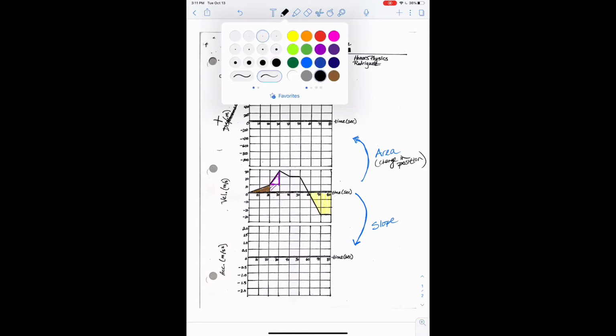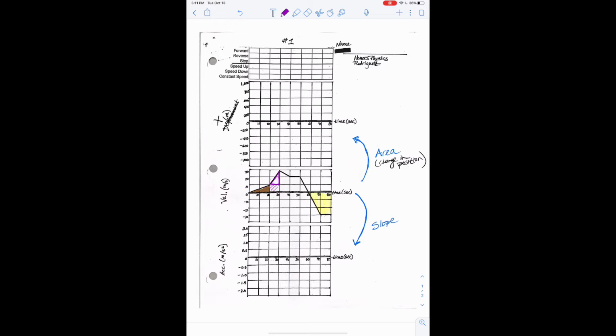Let me see if I can go ahead and add those back in, which I can clearly see as a square and a triangle. Or I take the 20 to 50, which I'll show you what that looks like. I take the 20 to 50, which would be this.